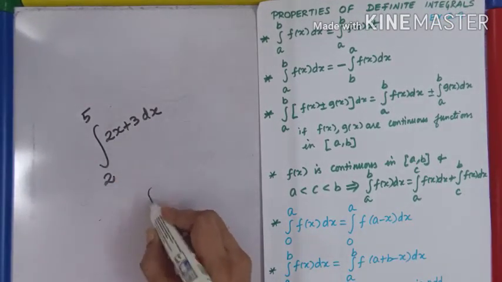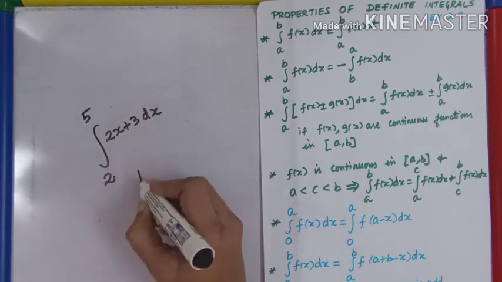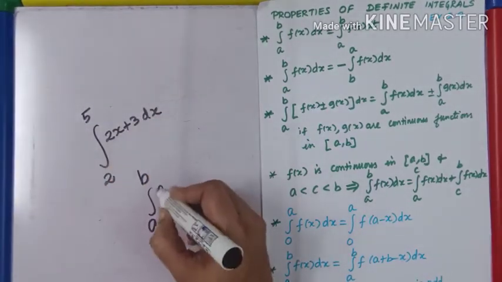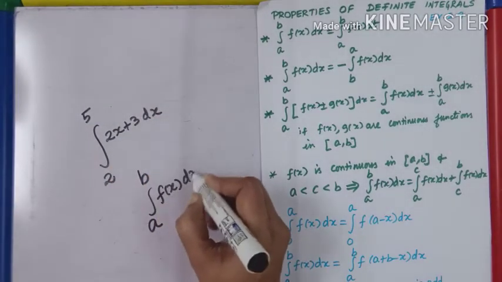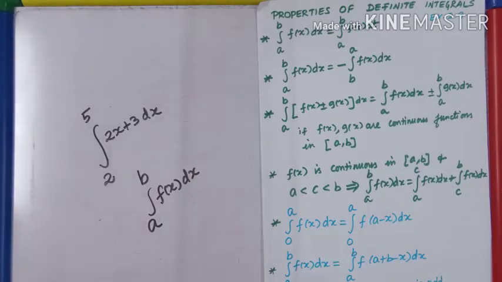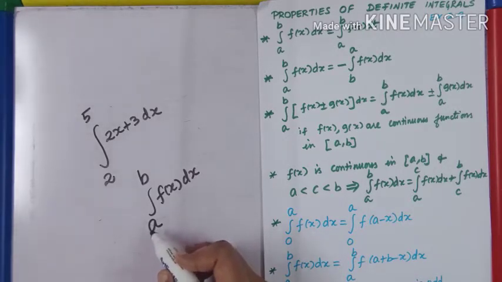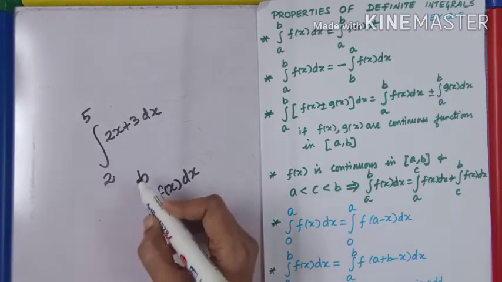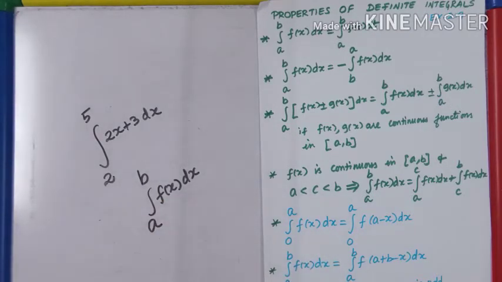Instead of 2, let me call a, and instead of 5, let me call b, and the function in general f of x dx. This definite integral, how can I use the properties? For example, you start from your house and proceed to school, that is a to b.